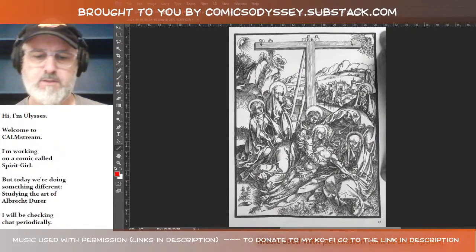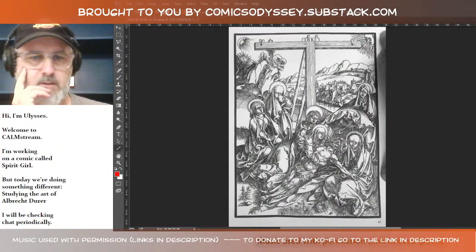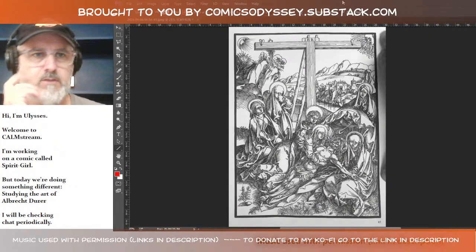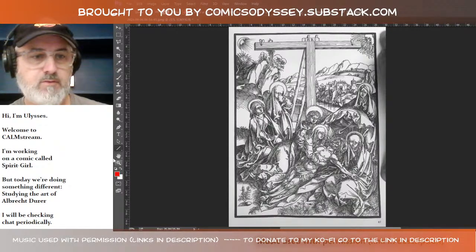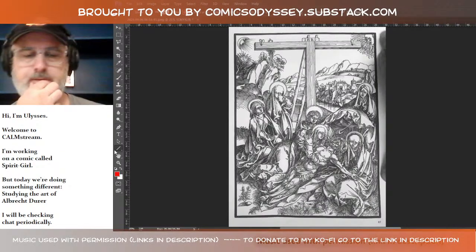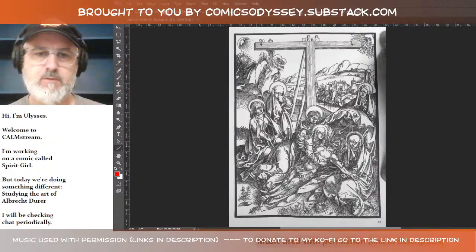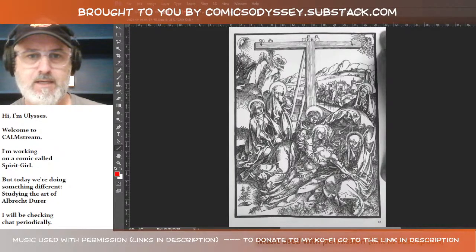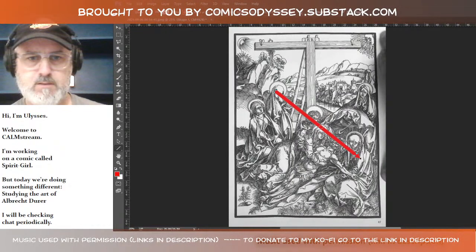So what we're studying here is not the details. We're going to study composition, which is what is of most interest to me. Immediately what I'm drawn to, my eye, is this line, and then this line.